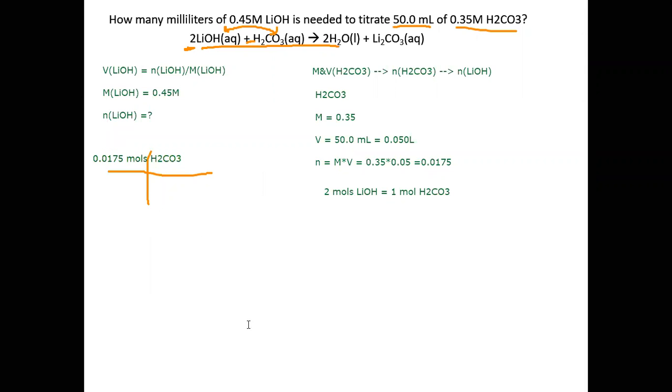So let me make a bigger table. And it's a 1:2 ratio. So 1 mole of carbonic acid, 2 moles of lithium hydroxide. You need twice as much lithium hydroxide as you do carbonic acid. And so that will tell us the moles of lithium hydroxide.